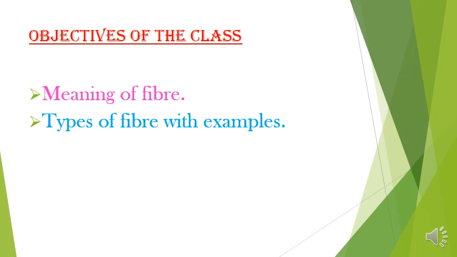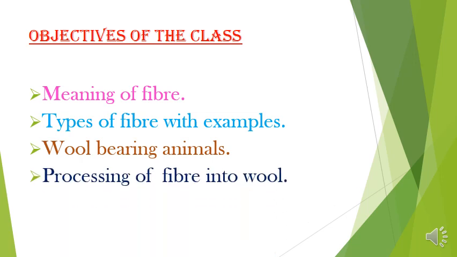With examples we are going to discuss just for recalling the previous knowledge. Then some images of wool-bearing animals are also shown to know about their quality of wool and where they are reared and what are the different kinds of animals which give wool for us.